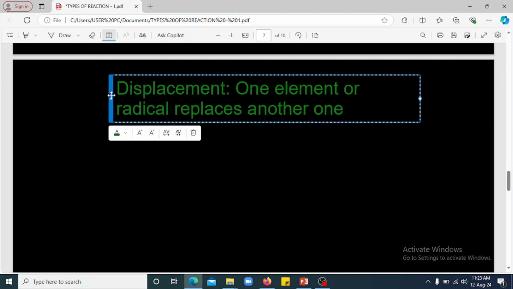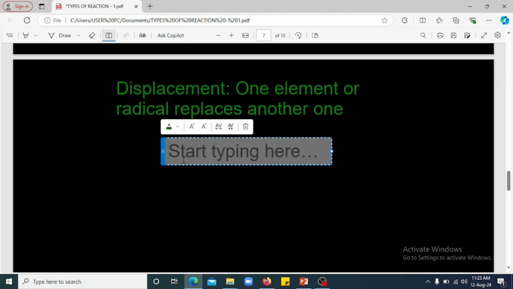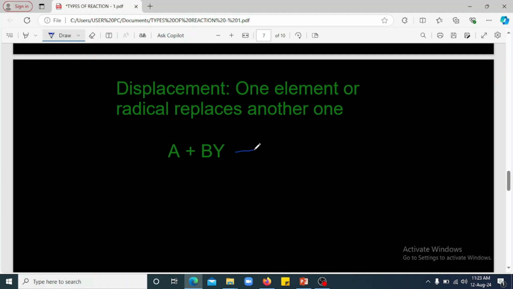Now let's have an example, but I'll just give you a typical one here. Like when you have A plus BY to give us, there'll be a displacement here.